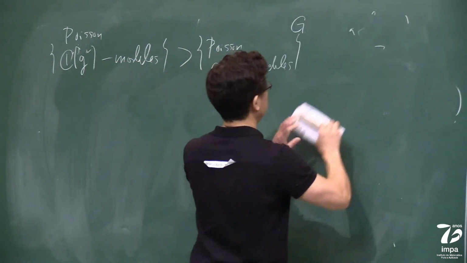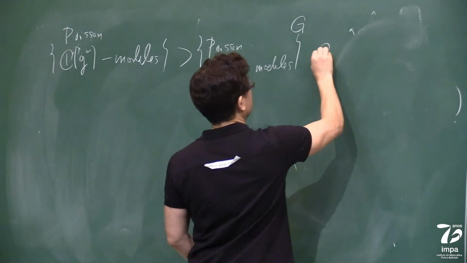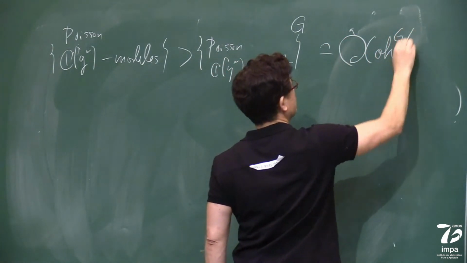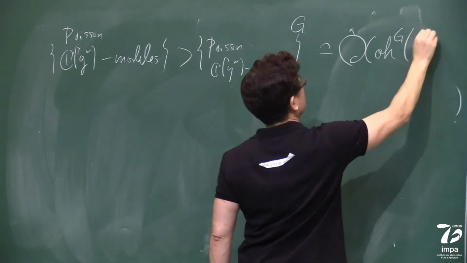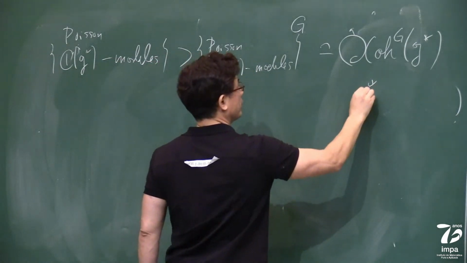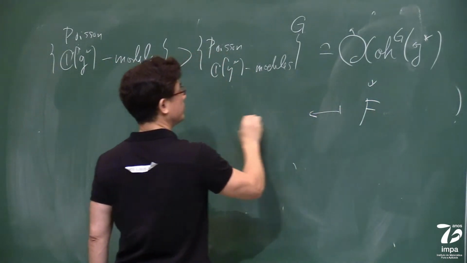This category can be identified with the category of G-equivariant quasi-coherent sheaves on g*, where F is sent to the global section.